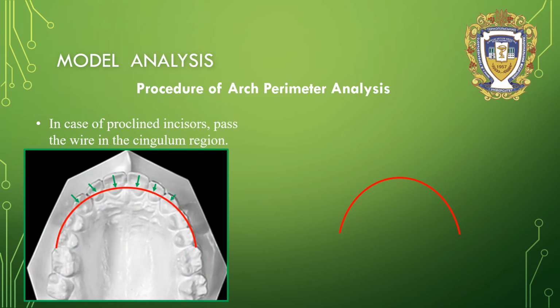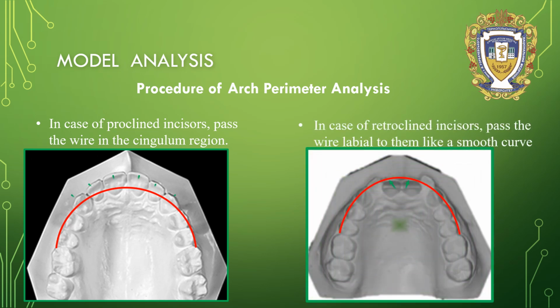But please don't forget that in case of proclined incisors, we need to pass the wire in the cingulum region, more orally. But in case of retroclined incisors, we need to pass the wire more labially to them, like a smooth curve.